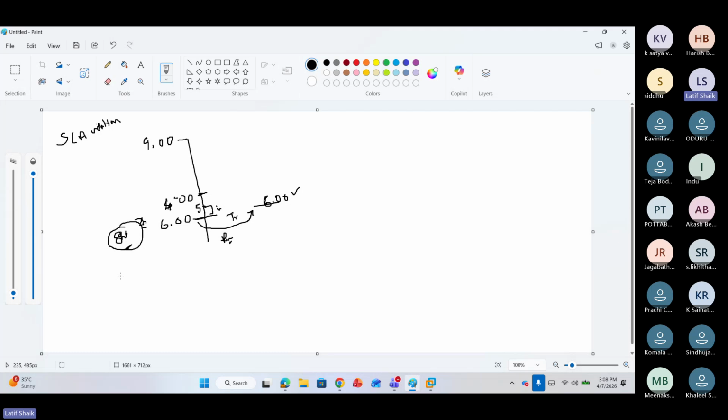Now you have 6 hours left. Then next day you come at 9, open the ticket and continue to follow it. Say another 2-3 hours you work on it, and it is completed. No SLA violation there.